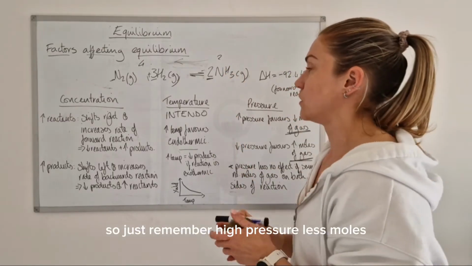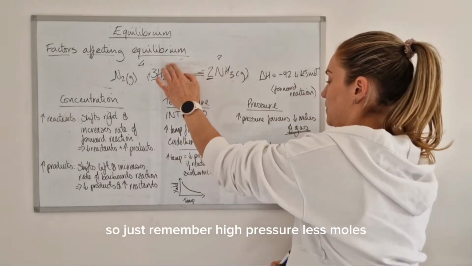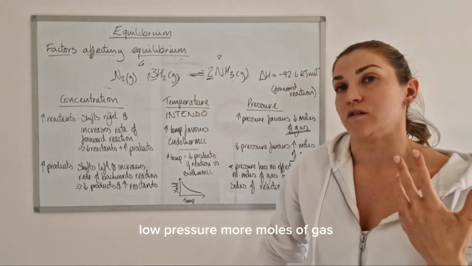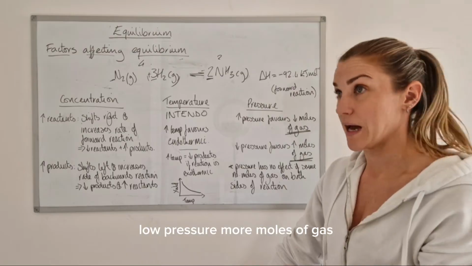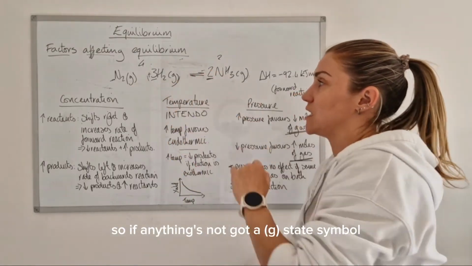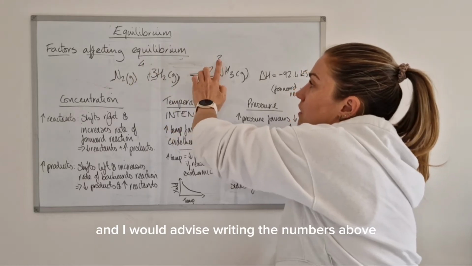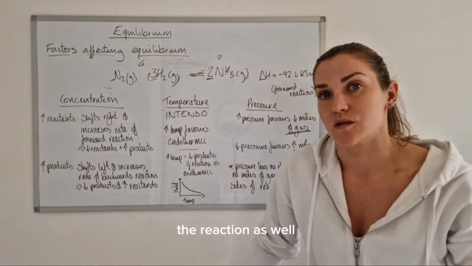Okay, so just remember, high pressure, less moles, low pressure, more moles of gas. If anything's not got a (g) state symbol, it doesn't get counted in your count, and I would advise writing the numbers above the reaction as well.